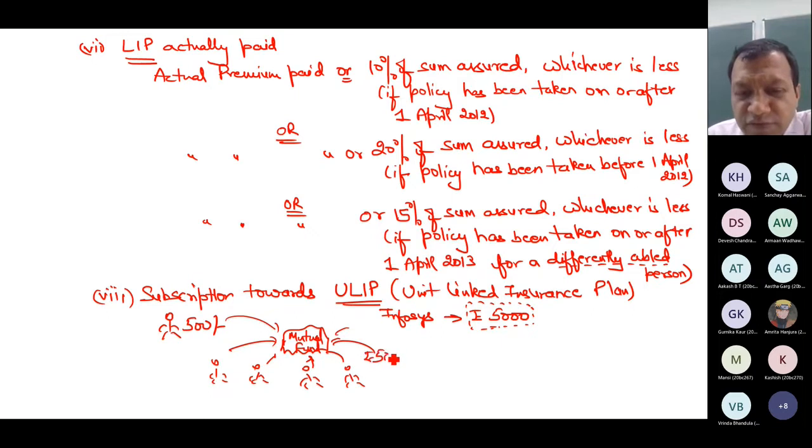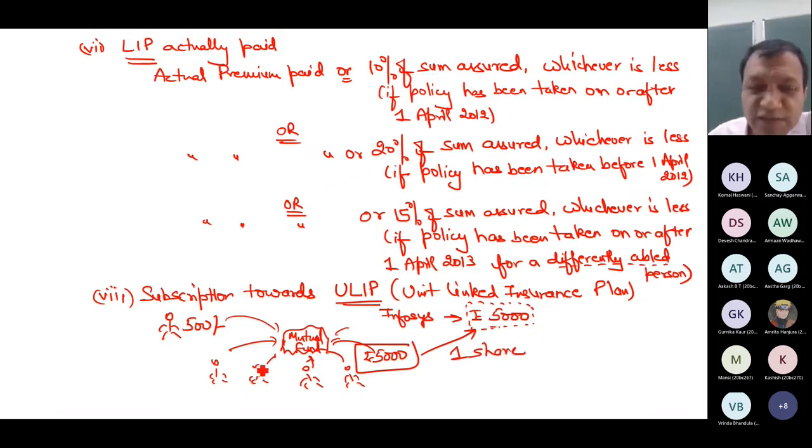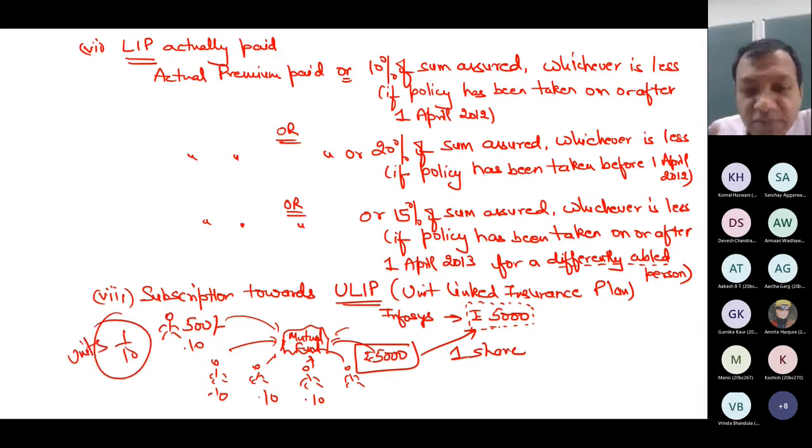So the organization will have 5,000 and will purchase one share. And this organization will distribute units, like for example I will get 1/10 share, and everyone gets that. These are units.